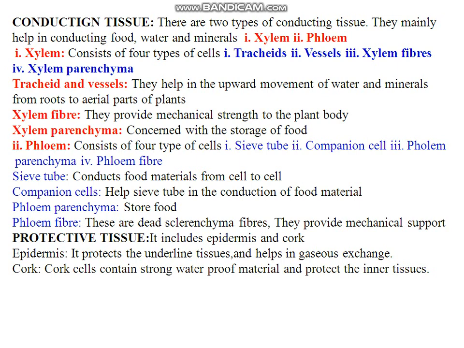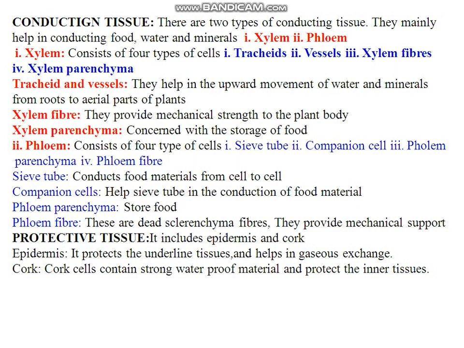Epidermis is the outermost layer of root, stem, leaves. Their outermost layer is made up of one layer of parenchymatous cells. They are almost rectangular in shape, and this is called epidermis.